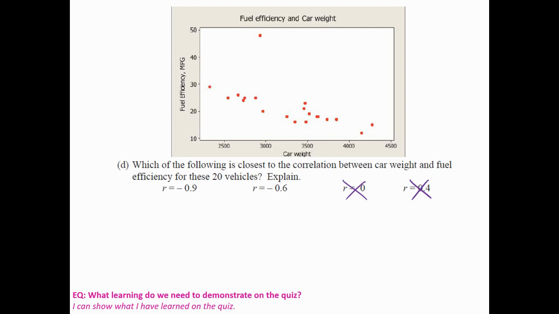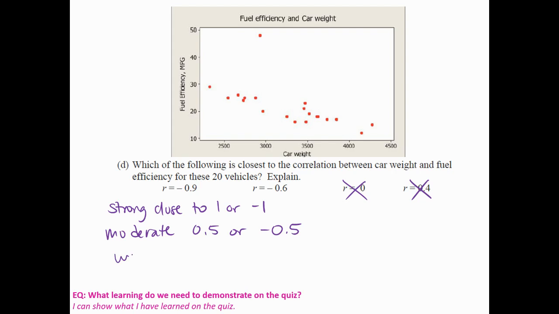So then the question is, is it strongly negative or kind of moderate? Remember, strong is close to 1 or -1. And moderate is kind of like 0.5 or -0.5, somewhere around there, depending on whether we're on the positive or negative side.